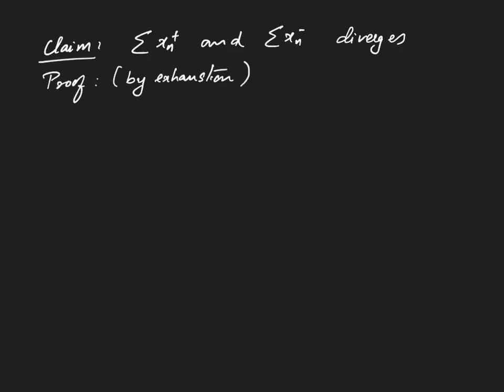We will consider all cases and show that except for the case where the series Σxn⁺ and Σxn⁻ are divergent, the other cases lead to a contradiction. That's what we will show. First, let us look at case 1, which is where the series Σxn⁺ and Σxn⁻ are convergent.